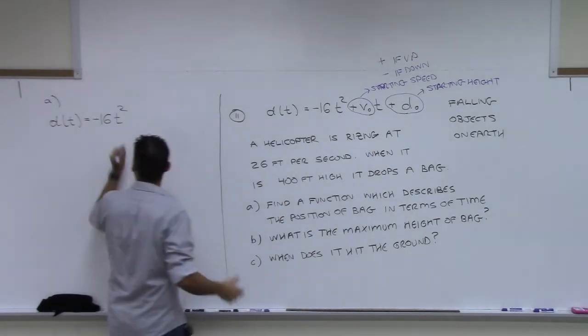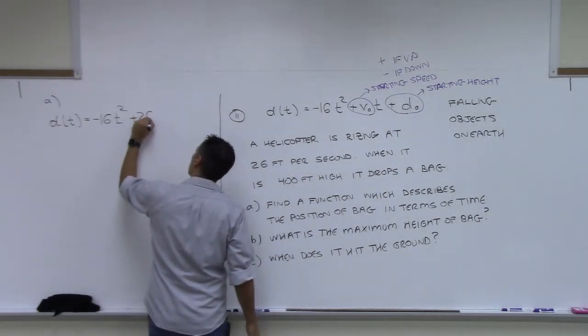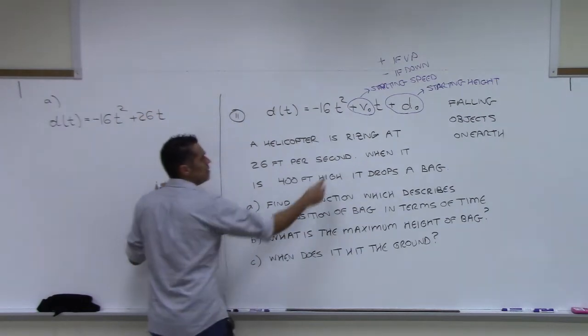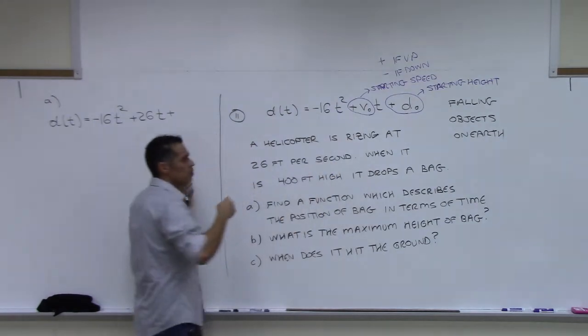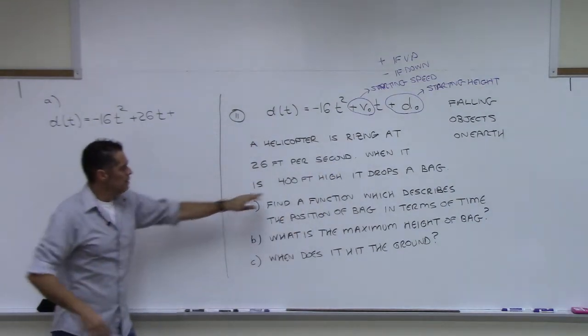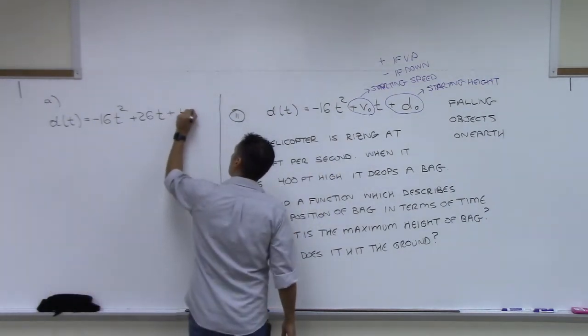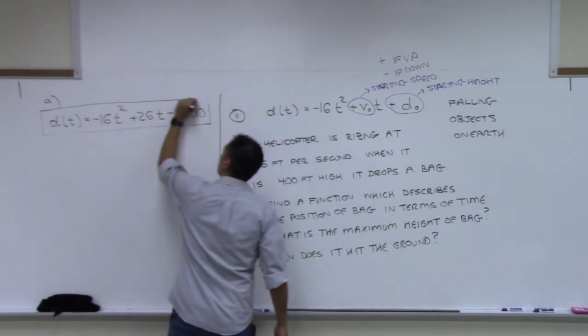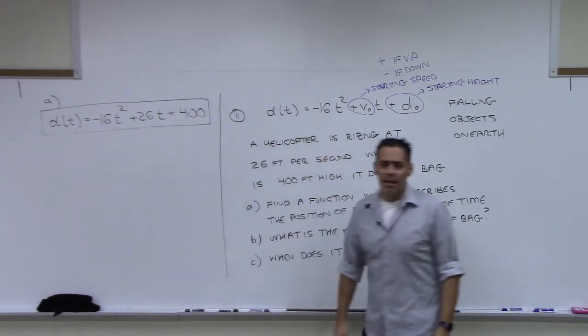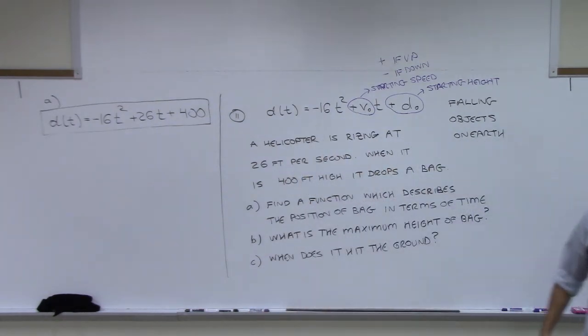Plus 26t, right? Plus the starting height. So where did we release the bag from? 400 feet. This is your quadratic function that gives you the position of the bag at every point in time. Okay?